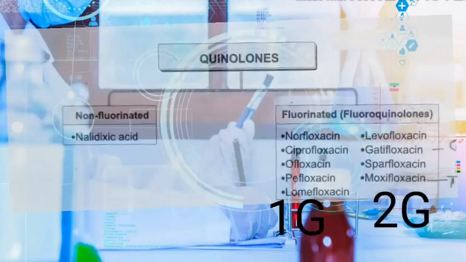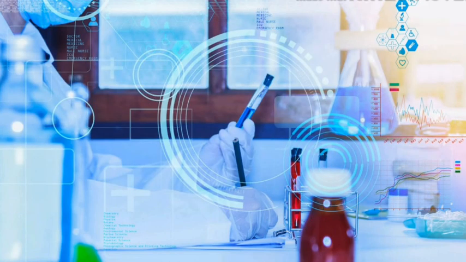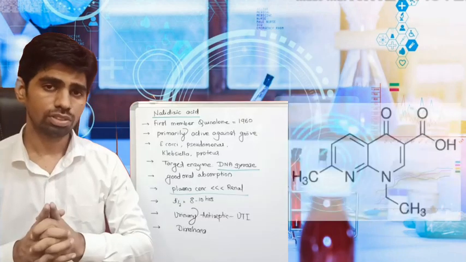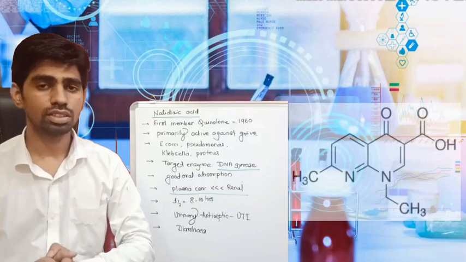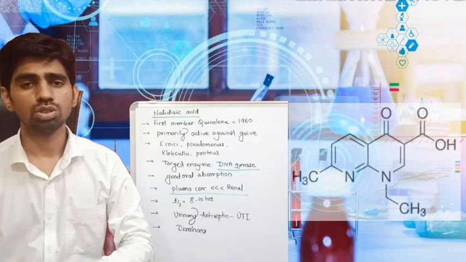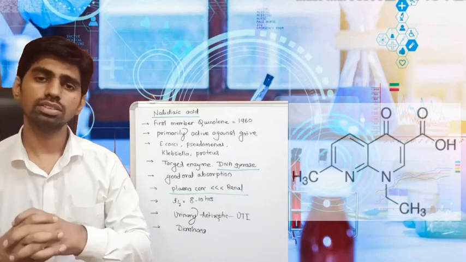Now we are moving to the drugs associated with the quinolones or fluoroquinolones. The first member of the quinolone class is nalidixic acid. It was introduced in the year 1960.